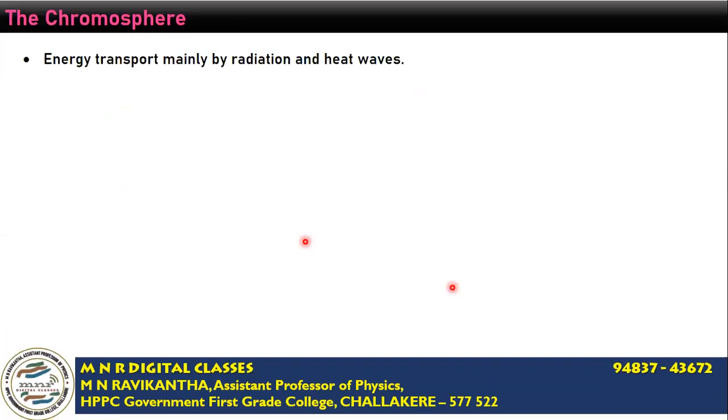In this layer, the energy transport is mainly by radiation and heat waves, that is infrared radiation. This layer is dominated by the spectrum of emission and absorption lines.